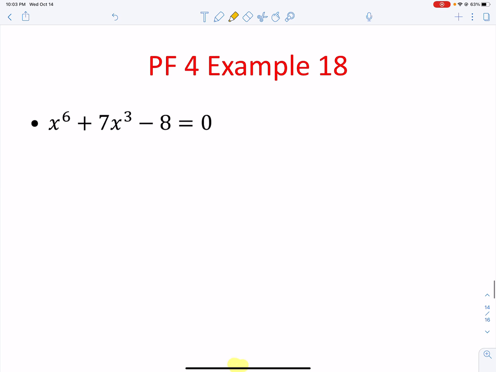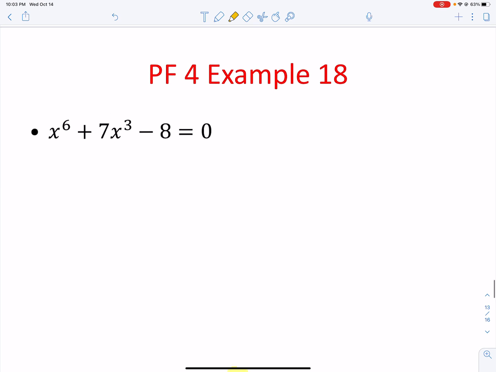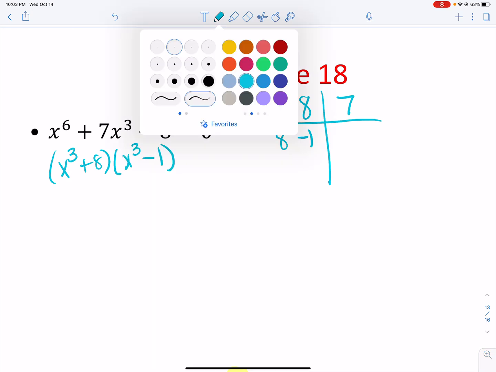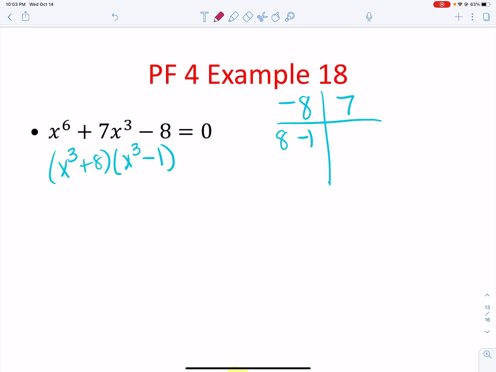Okay, so taking a look at this one, if I make my chart on this, I have factors of a negative 8 that add up to 7. So I believe that's going to be 8 and a negative 1. So I would say x cubed plus 8, and I would say x cubed minus 1. These are both perfect cubes, I totally meant cubes.